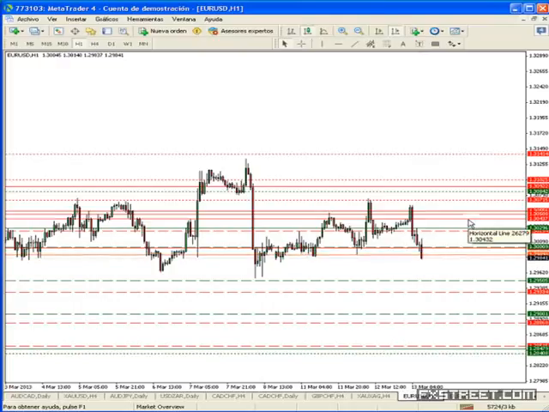I've introduced those buy and sell positions, the red ones being for the sell, and the green ones being for the buy. The type of line, a straight line, means that is the entry level.